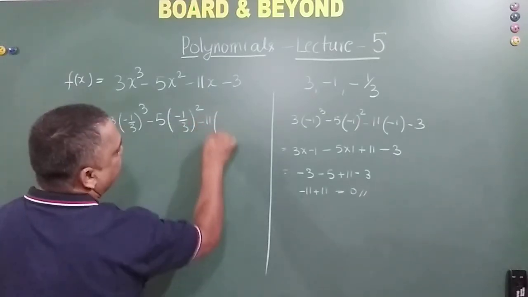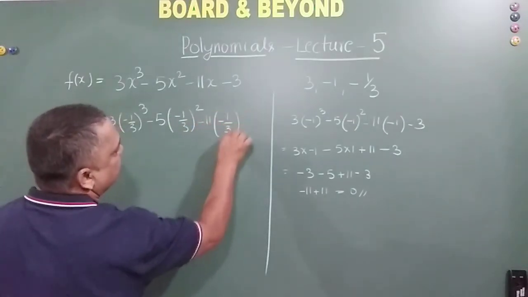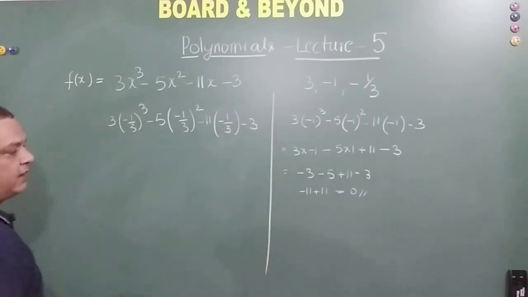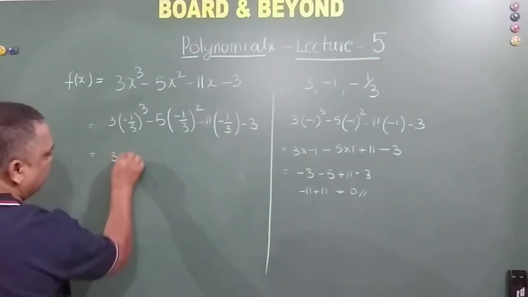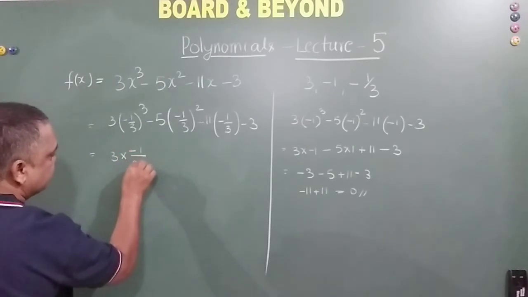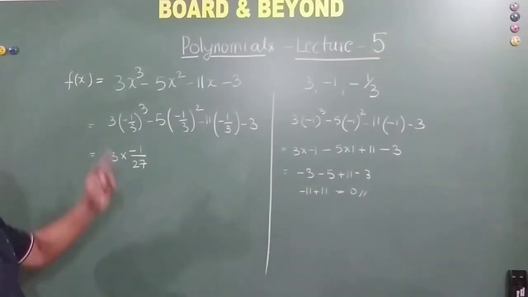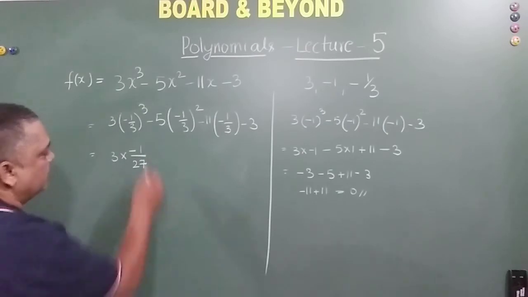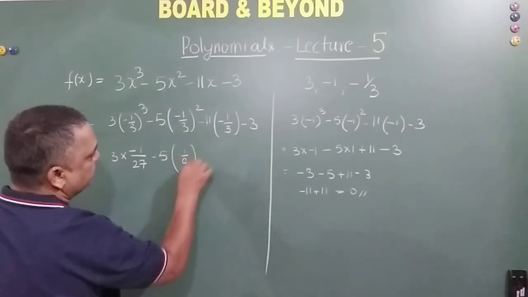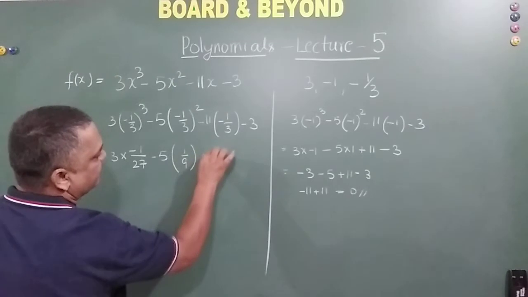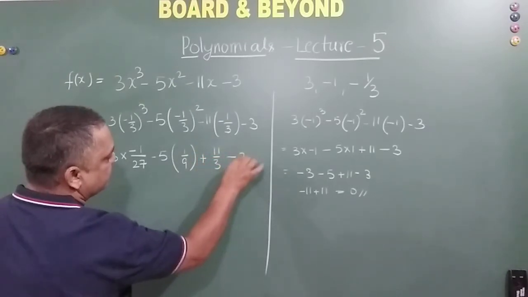Minus 11 into -1/3 minus 3. Right, friends? So this is 3 into -1/27. Any confusion in this? No. Okay. So minus 5 into 1/9. Minus into minus is plus, 11/3 minus 3.